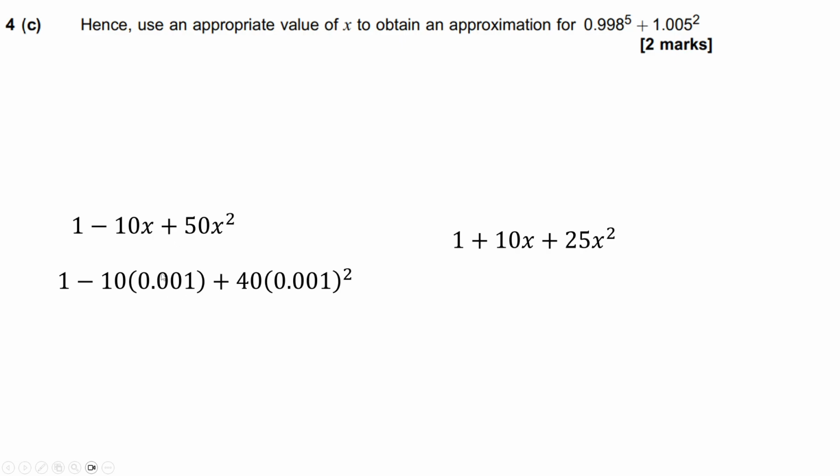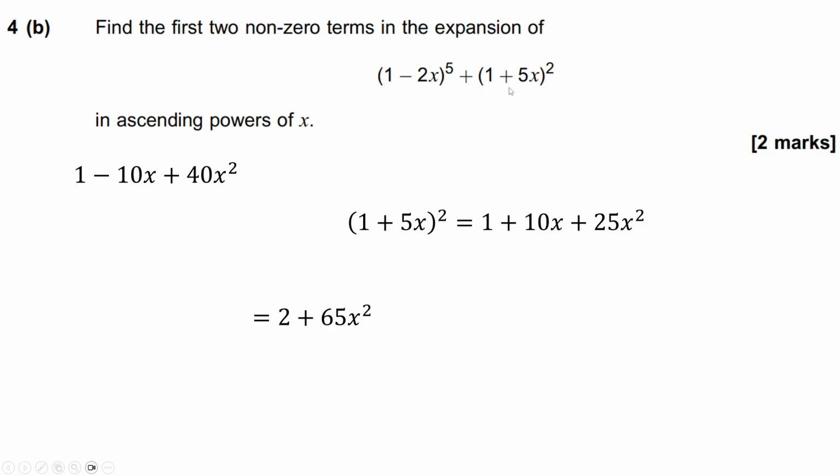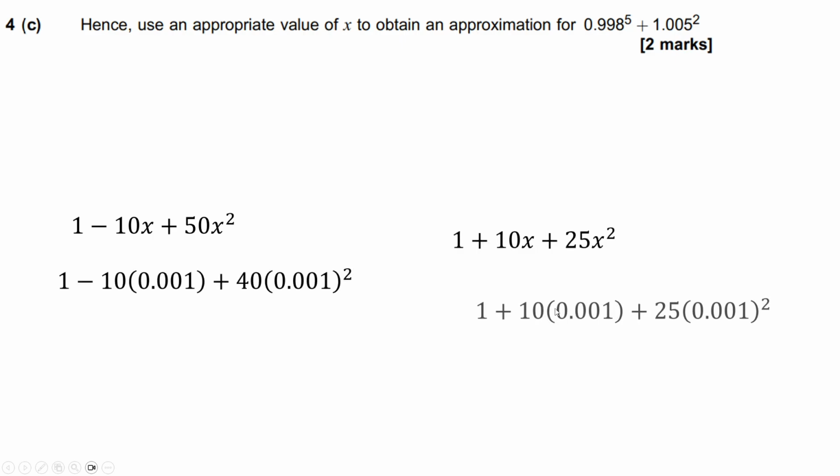Okay, so you plug in x equals 0.001 into here. This is just a fine approximation, it doesn't really matter. And then similarly here, if you look at 1 plus 5x, if you make that equal to 1.005 and then rearrange for x, you'll get x is also 0.001. So plug that into there, and then just put those into your calculator and sum them together.